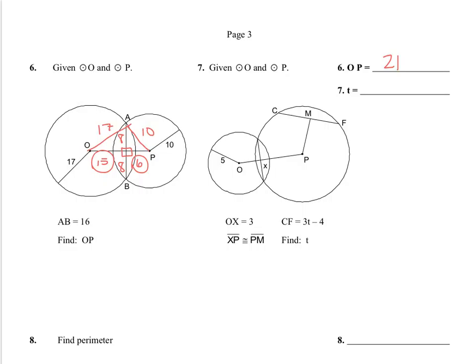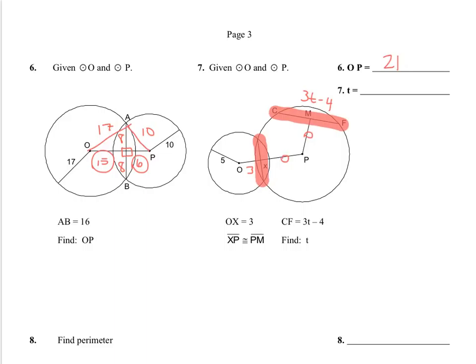OX is 3. CF is 3t minus 4. And we know that XP is congruent to PM. That idea is that when chords are equidistant, they are congruent. So this chord is congruent to this chord.